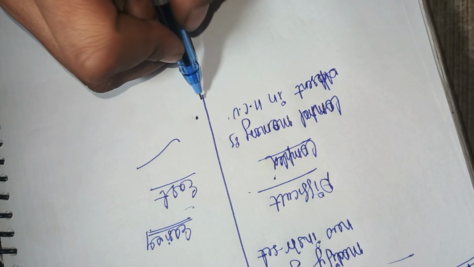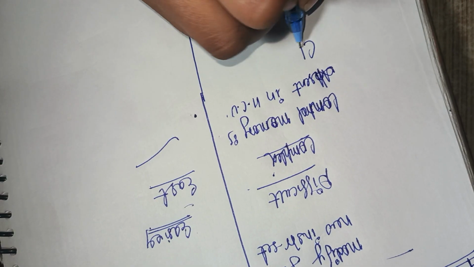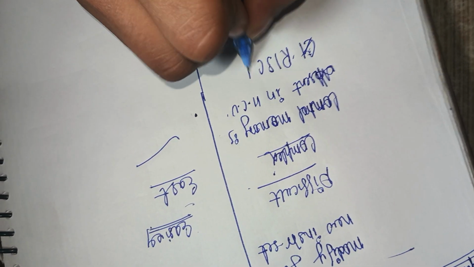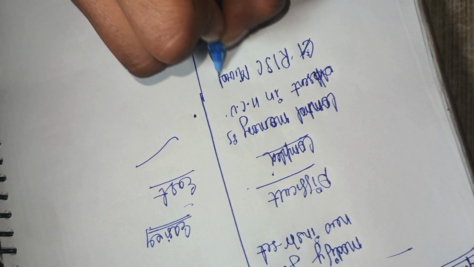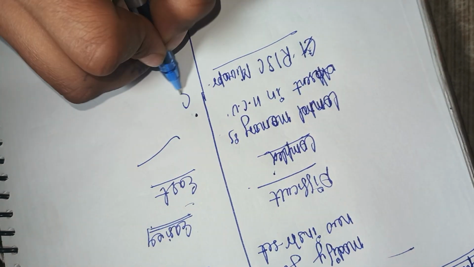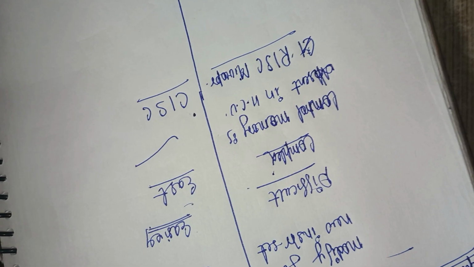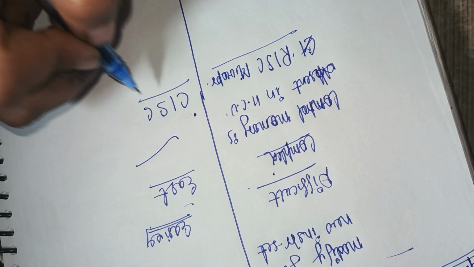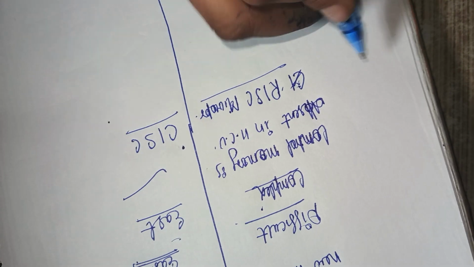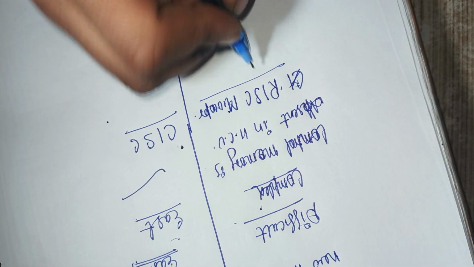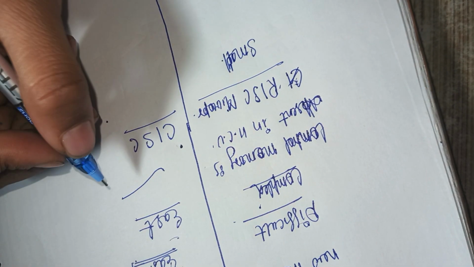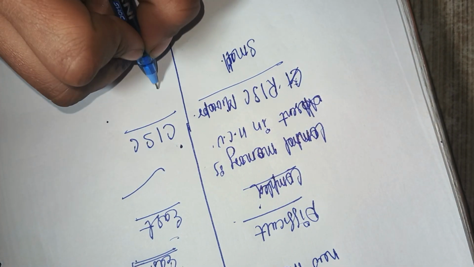If we talk about the application, RISC microprocessors are implemented using a hardwired control unit, and CISC is implemented using a microprogram control unit. If we talk about the instruction set size, in the hardwired it is small, whereas in the microprogram control unit it is large.